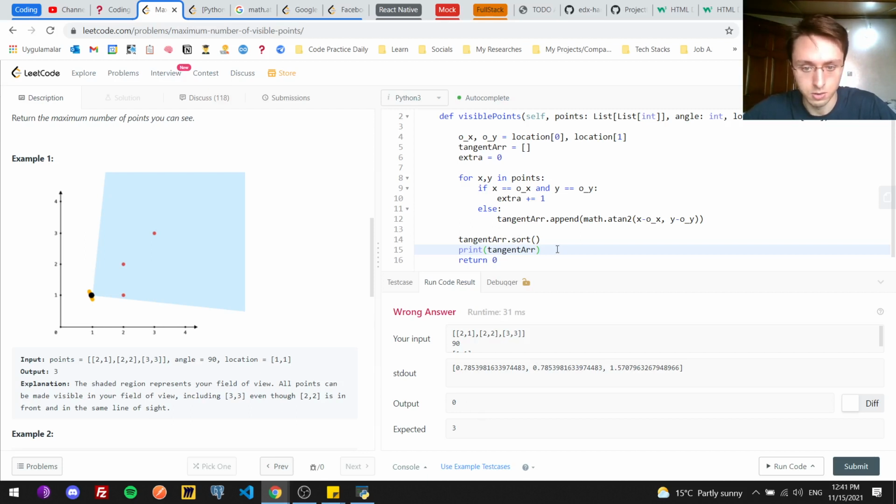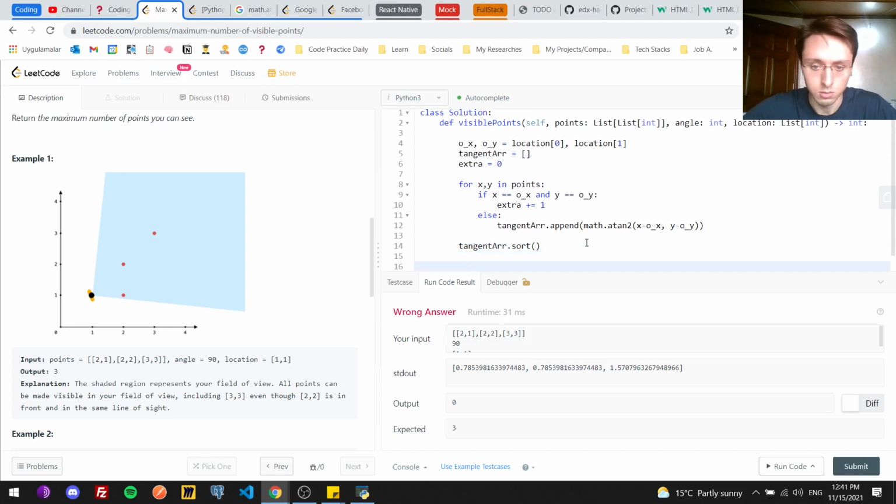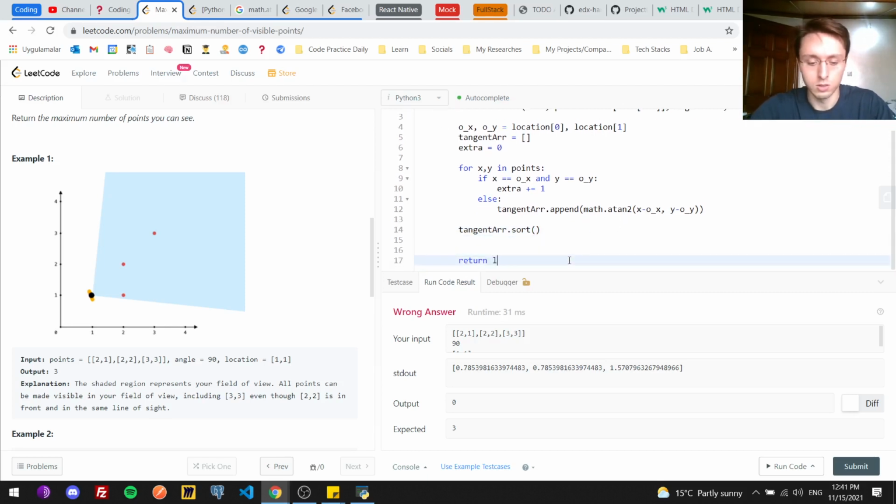So all right, we basically have to perform a sliding window on this and then count the maximum number of elements we received. So for that, we simply longest, like max points.